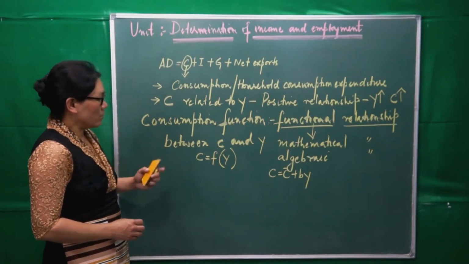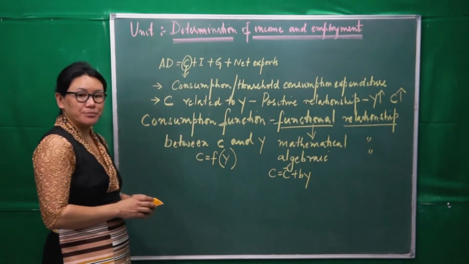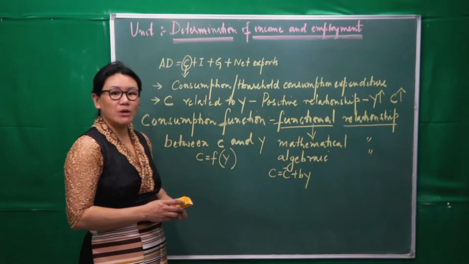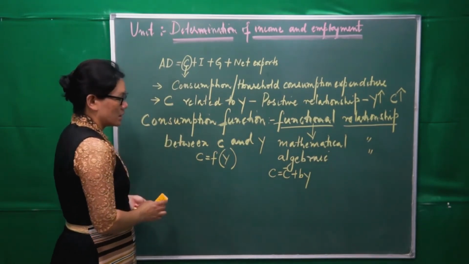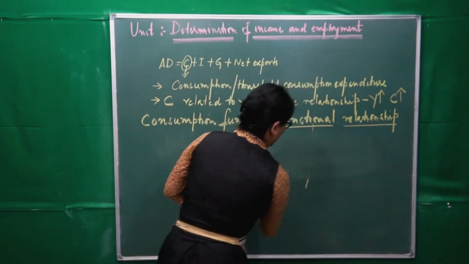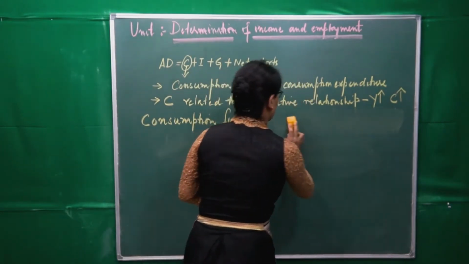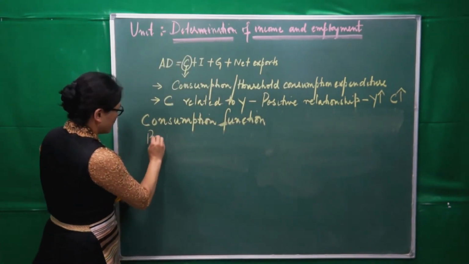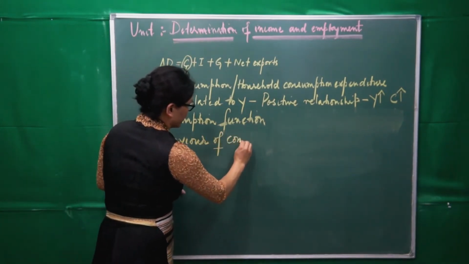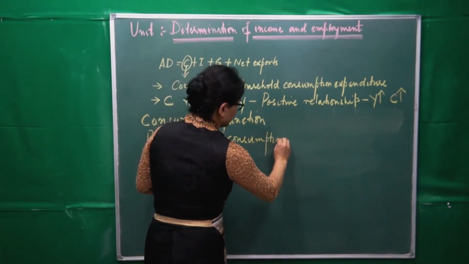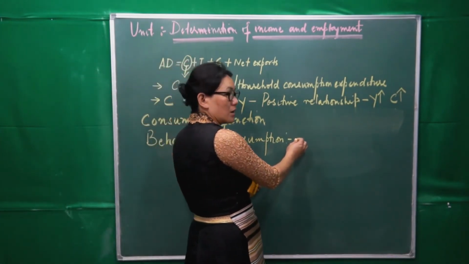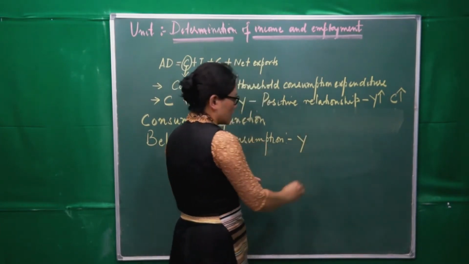So, now, after the consumption function, we will see the behavior of consumption. Alright, behavior of consumption. Now, when we are talking about the behavior of C, that is consumption, it means the behavior of C which is related to income.